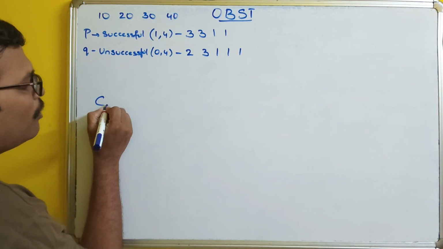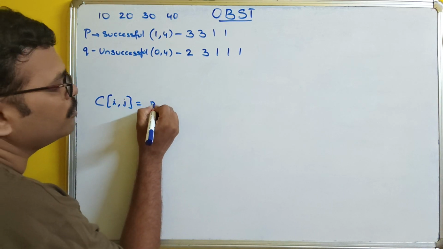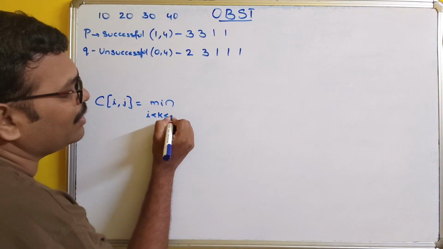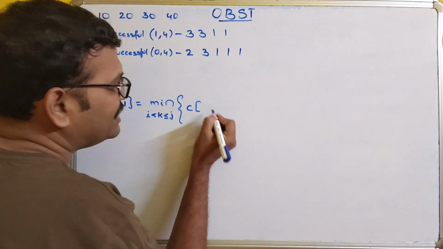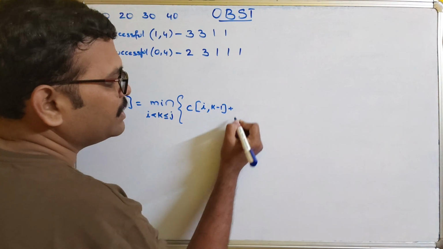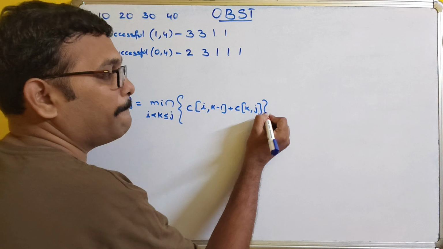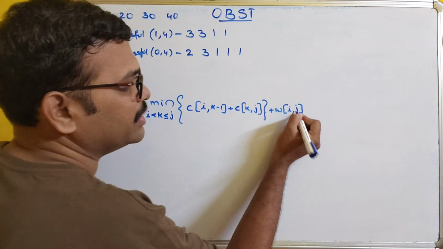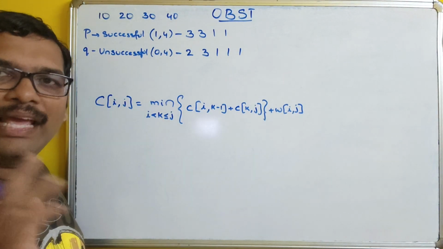C of i comma j is equal to the minimum over i less than k less than or equal to j of C of i comma k minus 1 plus C of k comma j plus W of i comma j. This is the formula where we find the cost to search the element.